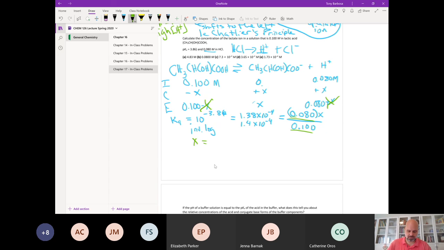X is equal to 1.7 times 10 to the minus 4. And in this case, we know that that's equal to our lactate ion concentration.